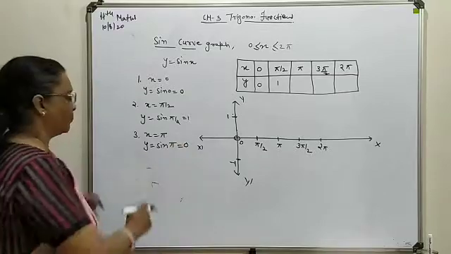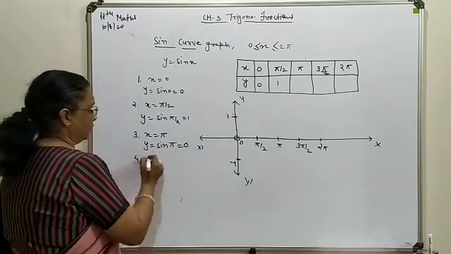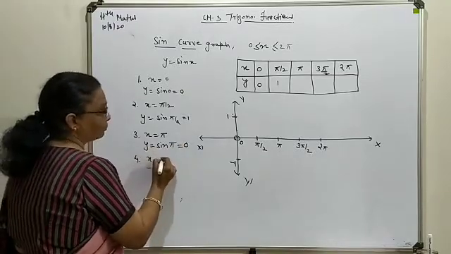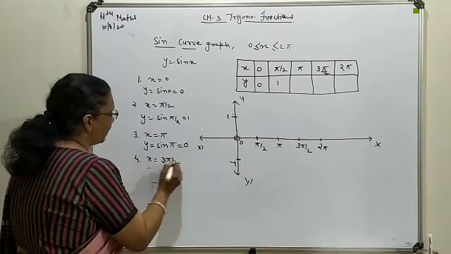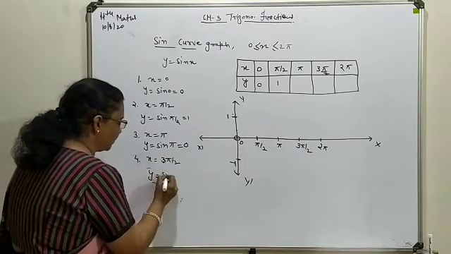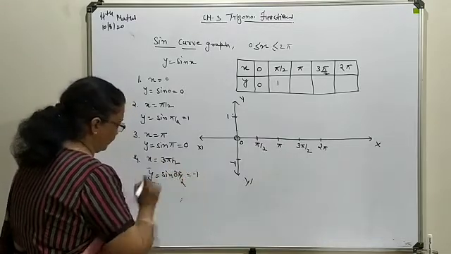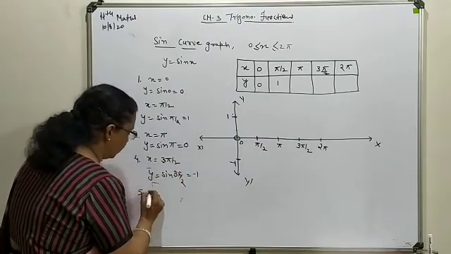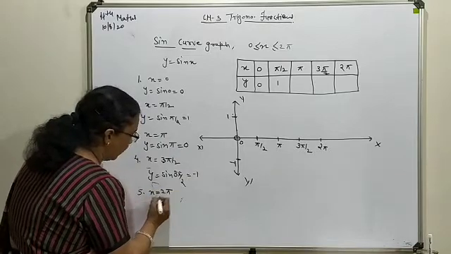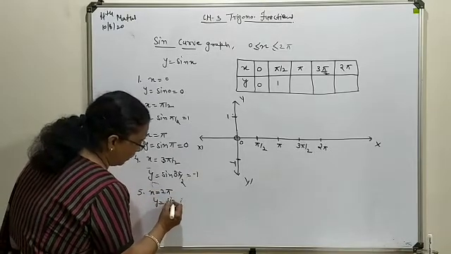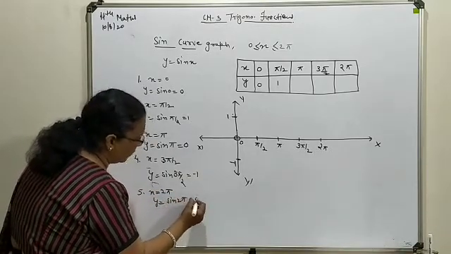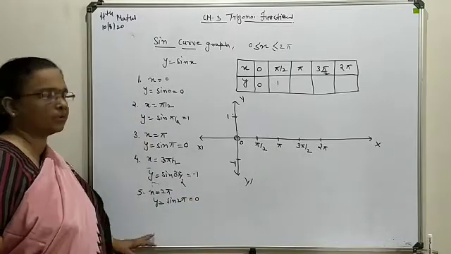So this is 0. Fourth, x is equal to 3 pi by 2. At 3 pi by 2 we have written the standard value of sine, that was minus 1. Last one, x as 2 pi. Again a multiple of pi, so this will again give you 0 as the solution.